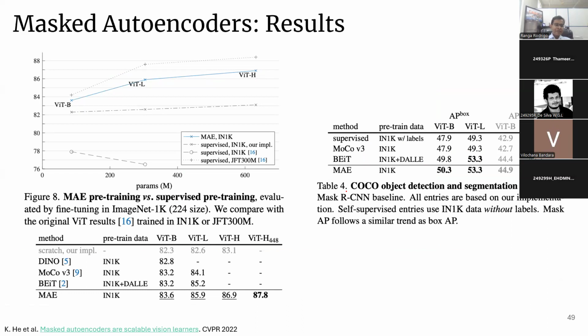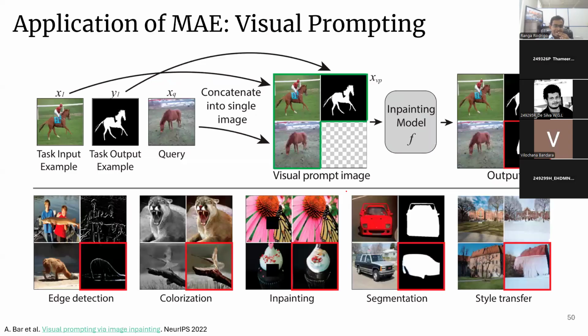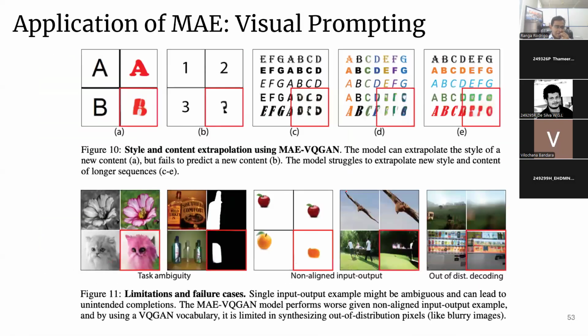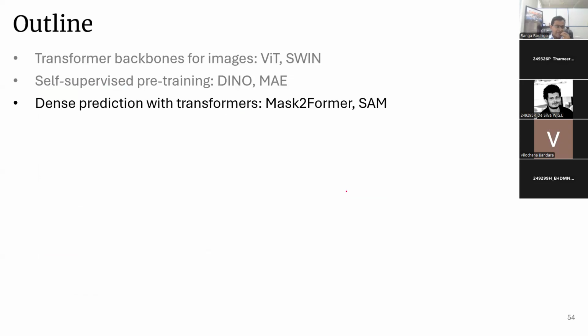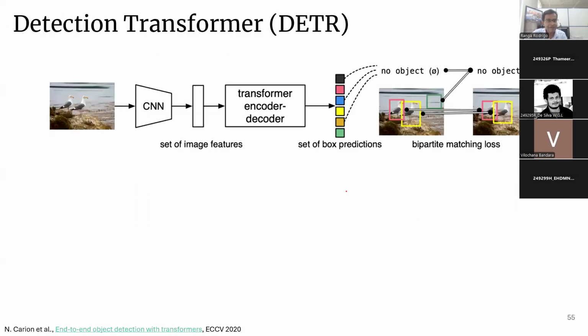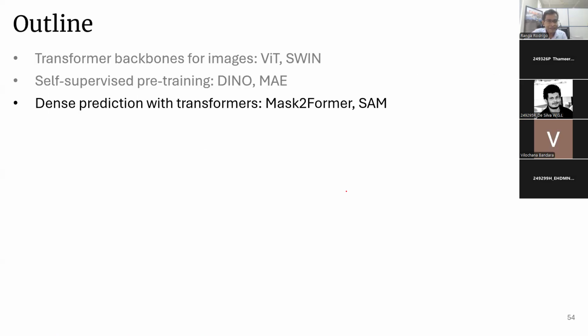They were able to do classification and object detection and all sorts of things. Different applications of MAE. Then we will briefly look at Mask2Former and SAM also.